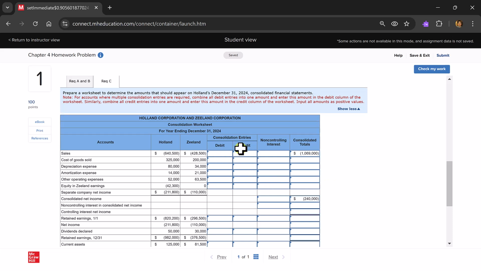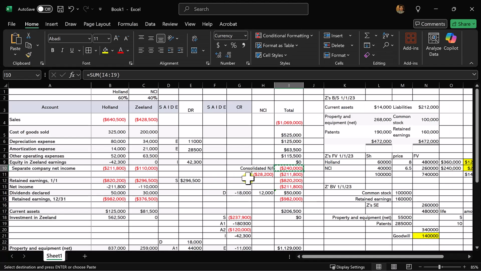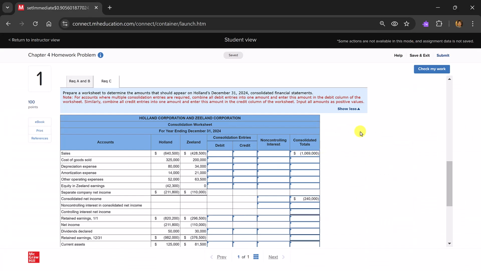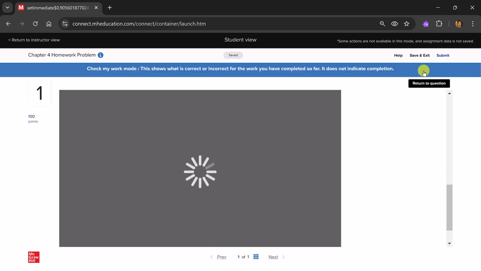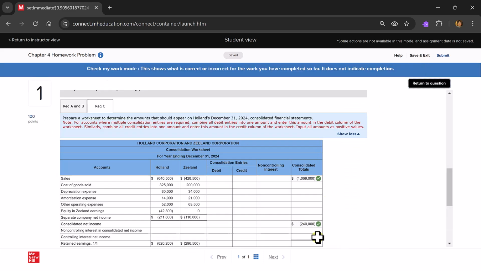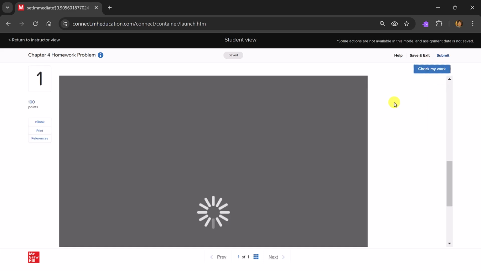When you enter numbers here in this credit column, keep it positive, yeah? Unlike my credit column here, I showed it as a negative. But let's just check already. Remember, you have infinite attempts of using this check my work button. We're looking for green check marks. So let's continue. Return to question.